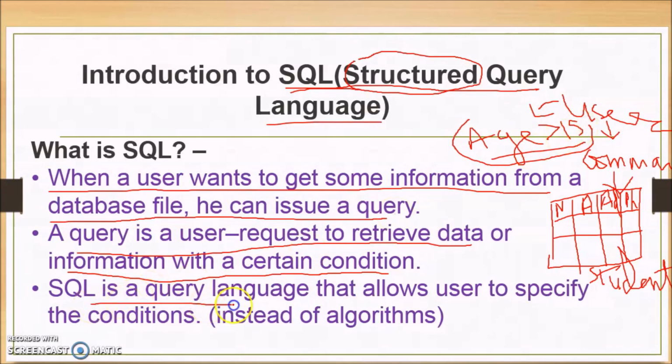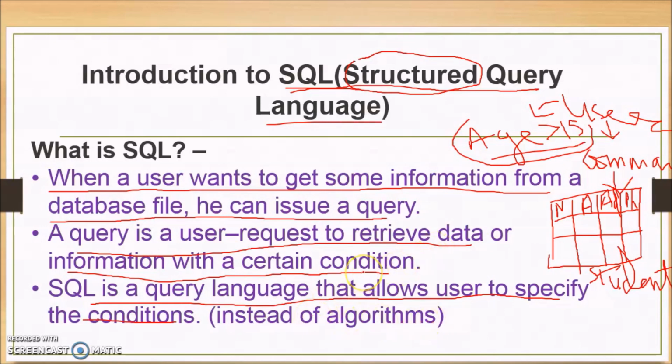So SQL is a query language that allows users to specify the conditions. Basically, users are able to give some condition, which is possible only through SQL instead of algorithms. ठीक है, algorithms में क्या होता था? We used to write step by step instructions. ठीक है, अगर हमें कोई भी algorithm mention करनी है, we are mentioning it step by step.